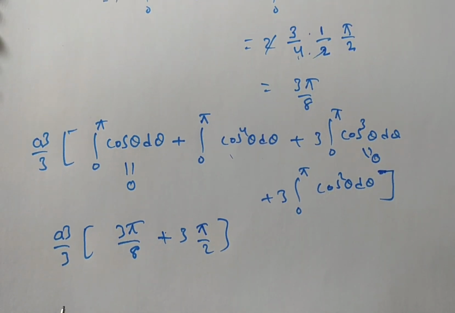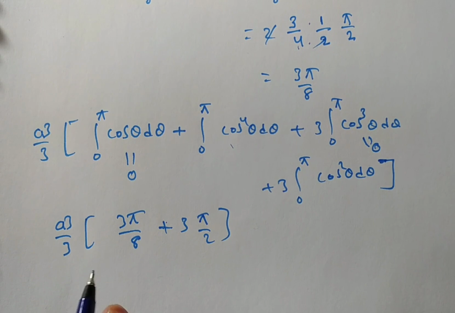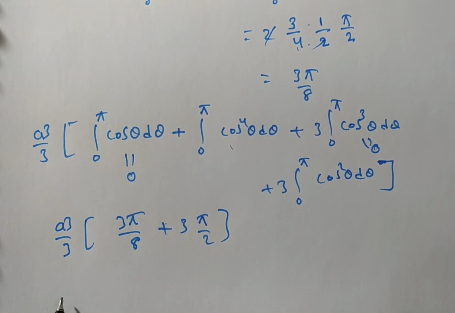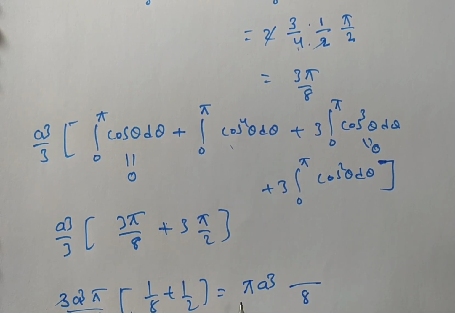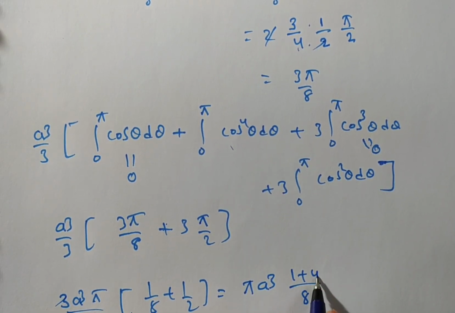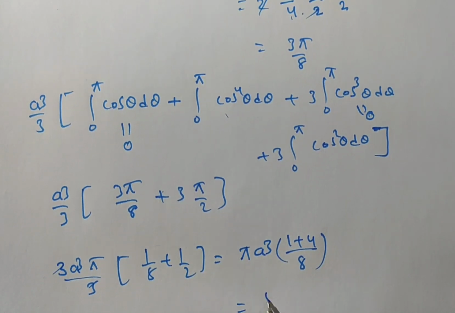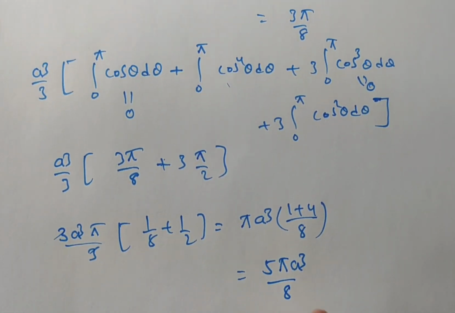Now if you simplify this, 3 outside, pi also will come outside, then a cube pi by 3 times of 1 by 8 plus 1 by 2. The 3 gets cancelled, then pi a cube, LCM is here 8, then 1 plus 4, nothing but 5 pi a cube by 8 is the answer.